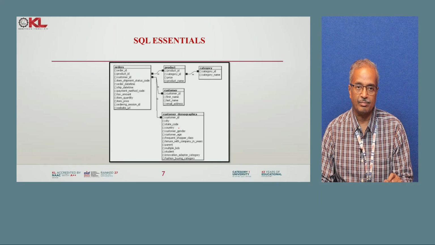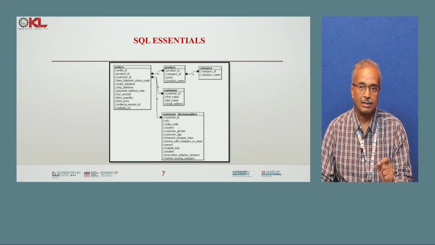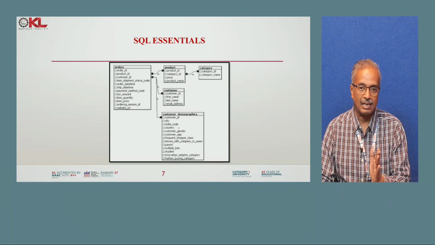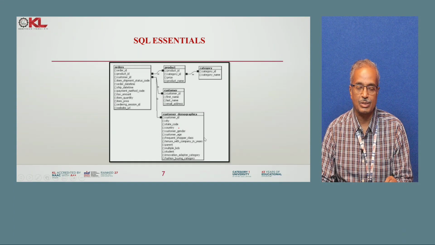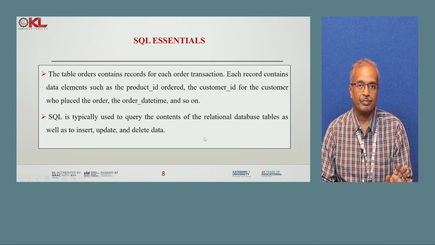Here you are seeing one table is orders, one more is product, customer demographics, and the last one is category. Here you are seeing there are different relations, how one table is connected with another table. So this is the best example for SQL relations.